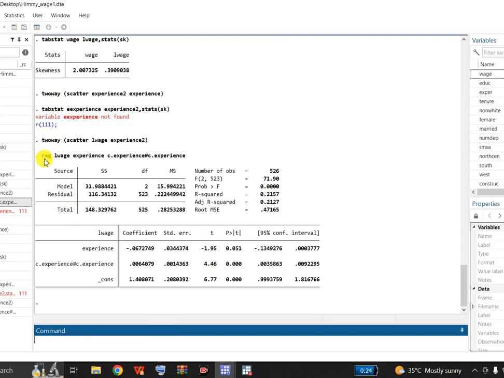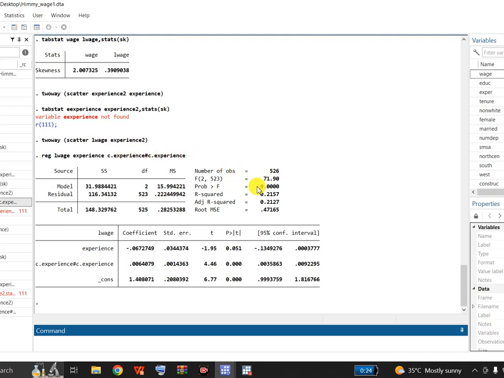The command is regress log of wage on not only experience but also on the square of experience. The c. means that this is a continuous variable, and the hash icon means that we have multiplied the experience by experience, so this is the square.